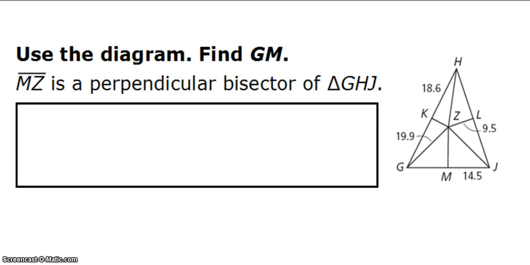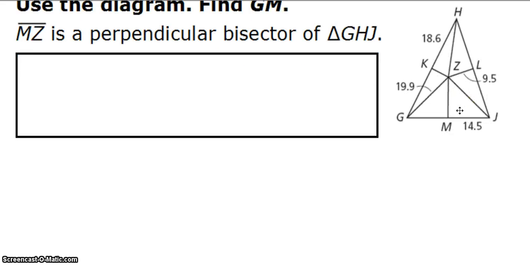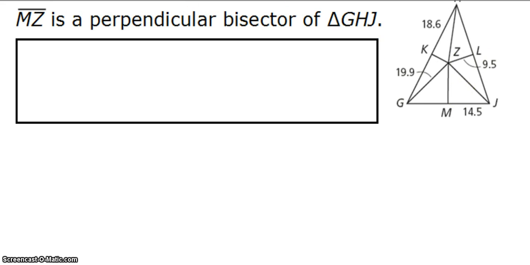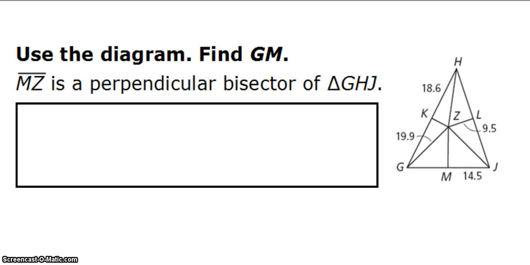Okay, we're going to use the diagram here to find segment GM. What we know here is that MZ is a perpendicular bisector of the triangle GHJ. If it is a perpendicular bisector, what does that mean?